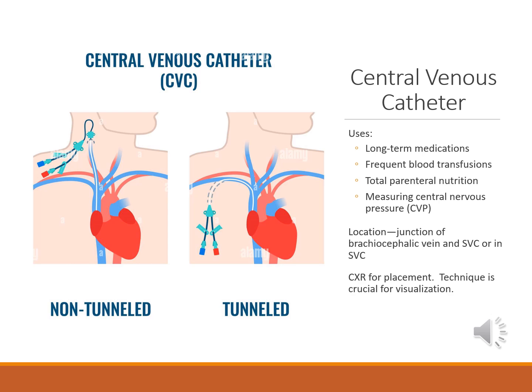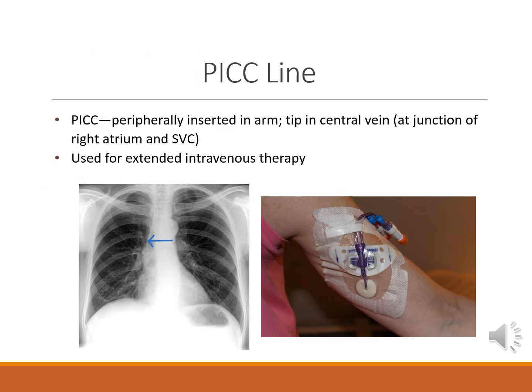Non-tunneled catheters are inserted directly into a central vein without a tunnel, making them ideal for short-term use, but more susceptible to infections. A PICC line is something that you will commonly have to image or come across seeing a patient have one inserted.